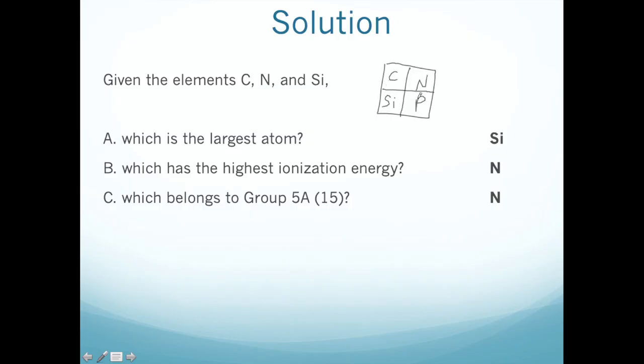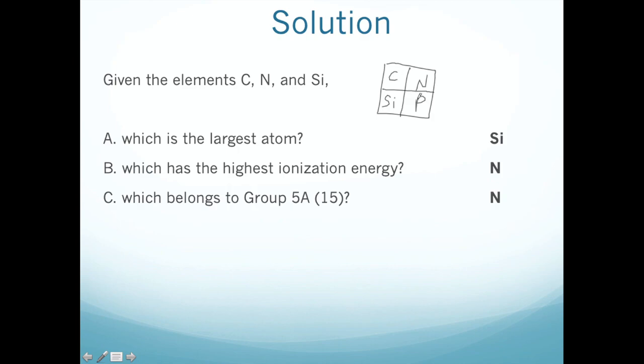I guess the question that pops up here that students often ask is, if I were comparing carbon and phosphorus, how do I know which one's going to be bigger? I know that carbon's going to be bigger than nitrogen, and phosphorus is going to be bigger than nitrogen, but is phosphorus bigger than carbon or vice versa?